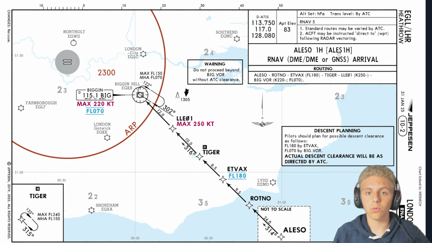This is the LSO 1H arrival over here, and this is an RNAV. Pretty much it is your aircraft's ability. What RNAV is, the aircraft's ability to fly on a specific course. Over here we will see in the communications panel that there are 3 different ATIS frequencies.